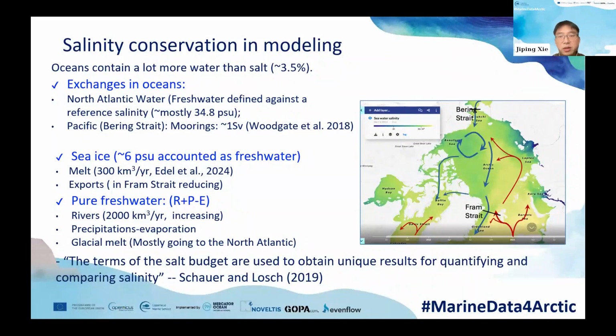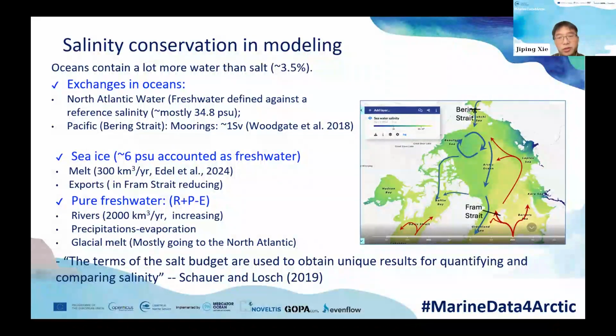The Pacific inflow has increased in recent years. Also for sea ice, seasonal melting can bring a lot of fresh water, not purest, but equivalent to about 6 PSU water, inside the ocean.